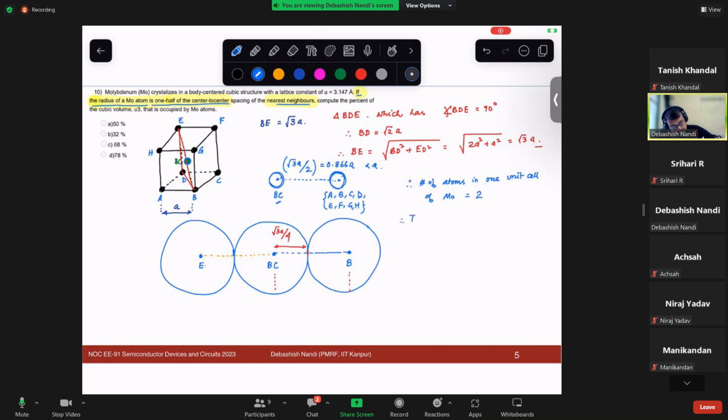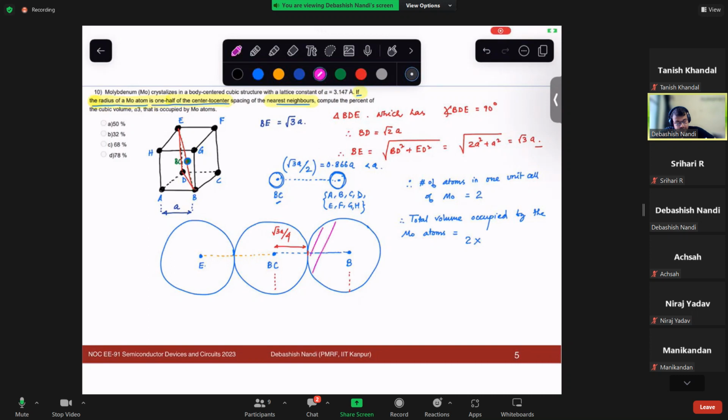So can we calculate the total volume occupied by the atoms? It should be 2 into the volume of one atom, right?